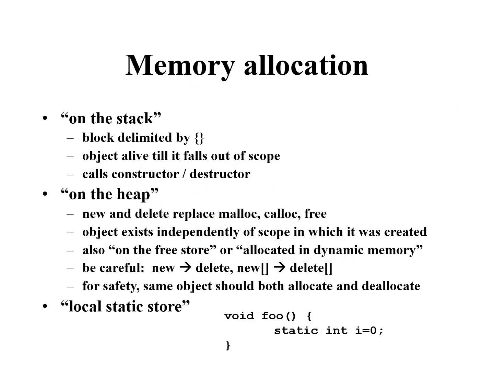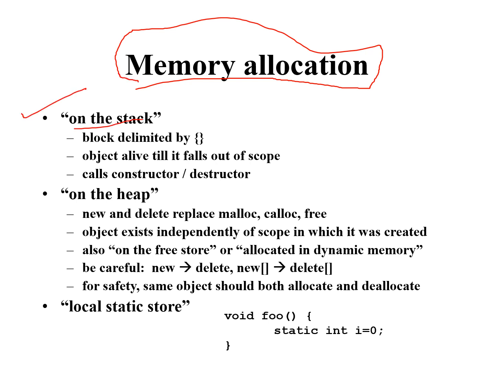Then memory allocation. Now we are going to talk about memory allocation. On the stack, how are we going to allocate the memory? It is a block defined by these parentheses, and the object is alive till it falls out of scope.